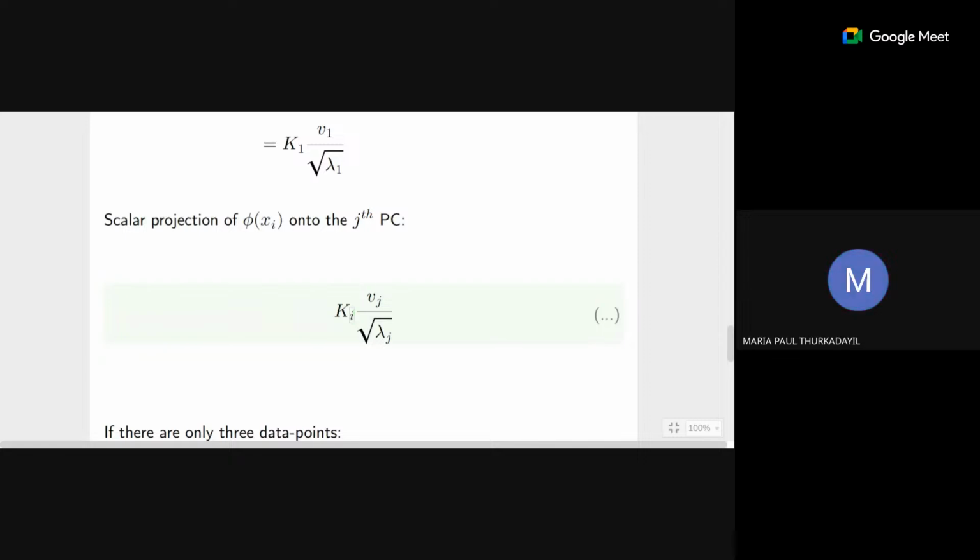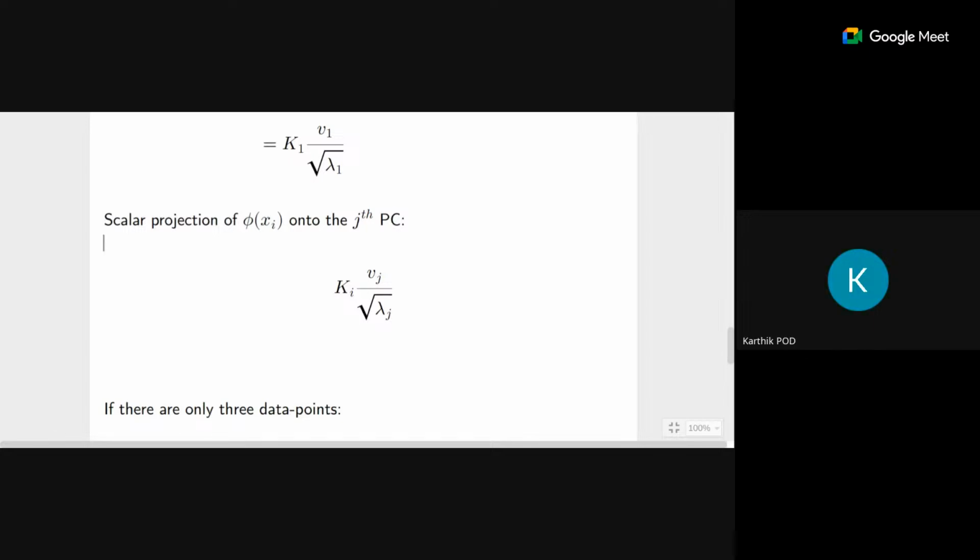Sir, just a suggestion: because Vj is a column vector and capital Ki is a row vector, unless you mention them explicitly, there might be some confusion. Yeah, that is true. What I have done in my notes is something slightly different. It's hard to explain this.